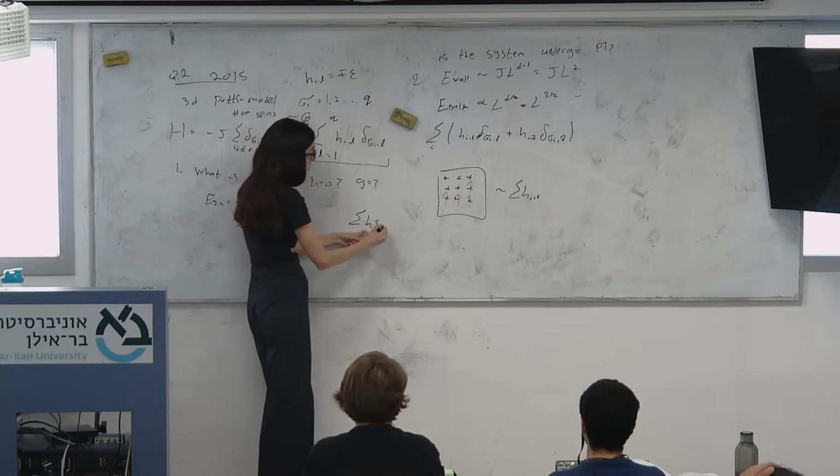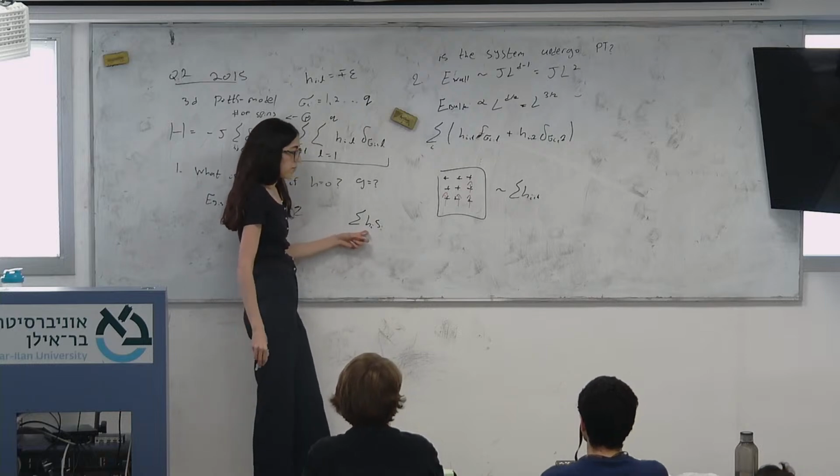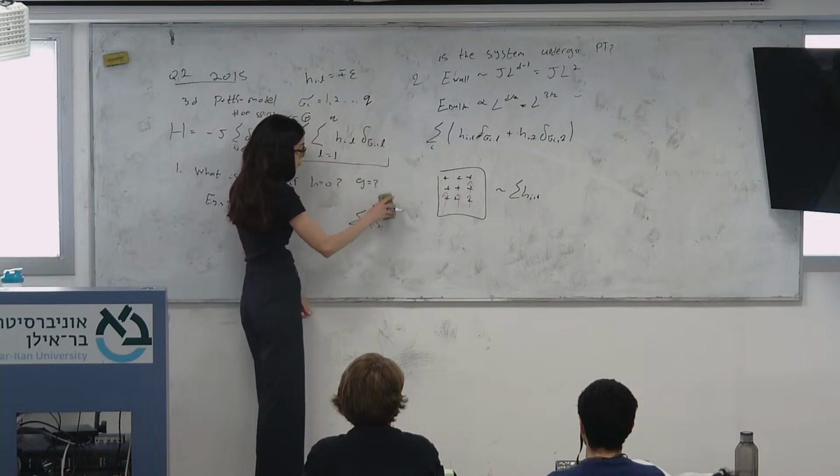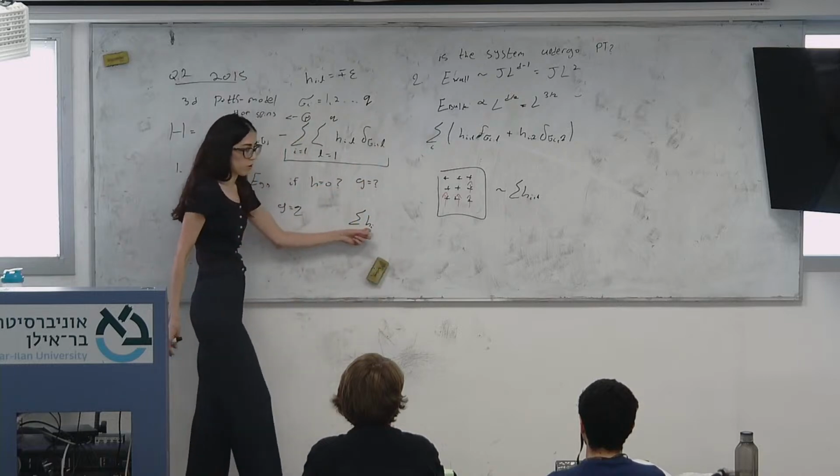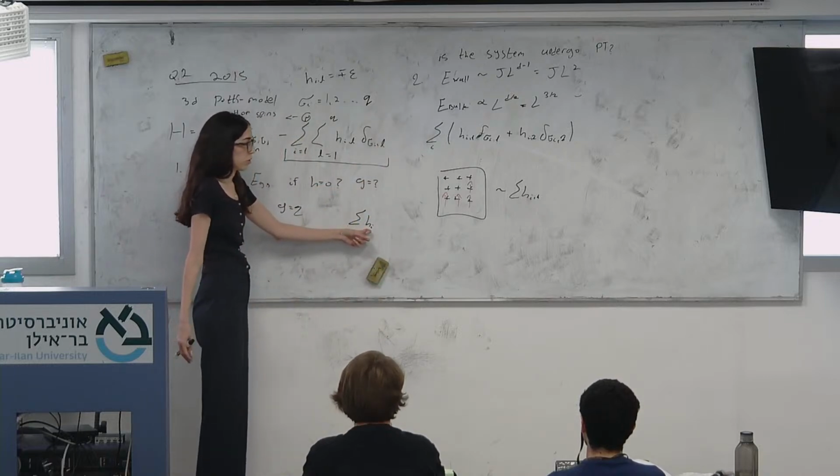For the Ising model, we said if all of the spins align with the magnetic field, the contribution to the energy is just the sum over all of the magnetic field components.